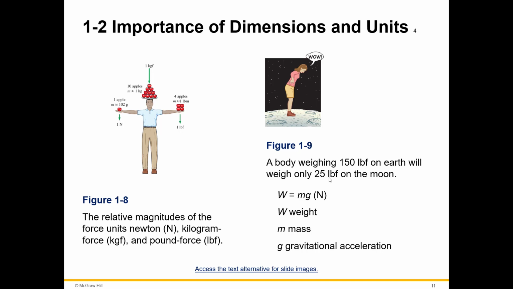And so a body weighing 150 pound force on Earth will only weigh 25 pound force on the moon. So don't turn in something and say, well, I calculated it as if we were on the moon, because we are not, right? And so we're going to be assuming that everything is on Earth, and therefore we will have a gravitational constant that is for Earth. I believe it's 9.81, but it's on the sheet.